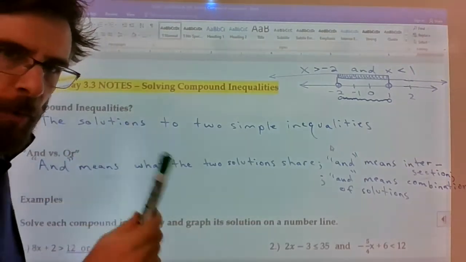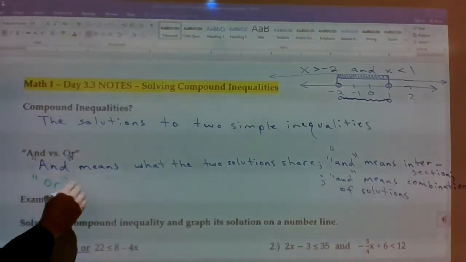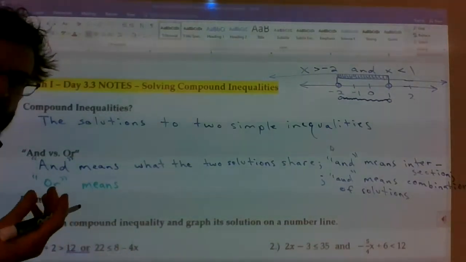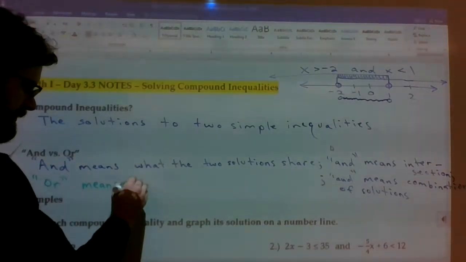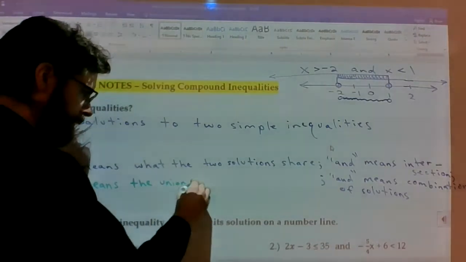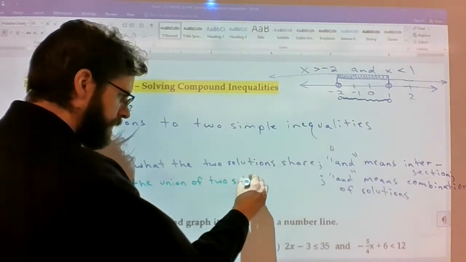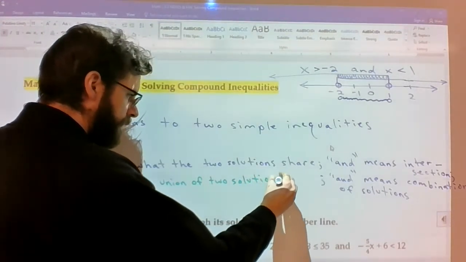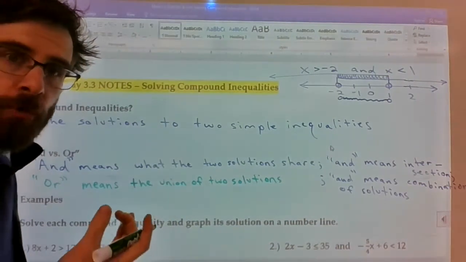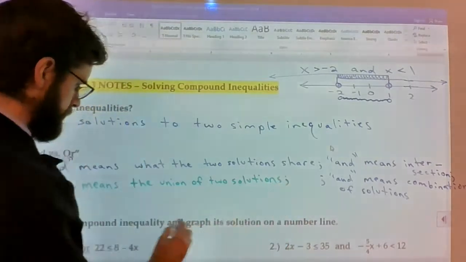Now if we're talking or situations, or means the union of two solutions. It means make sure that you graph every element of both solutions.